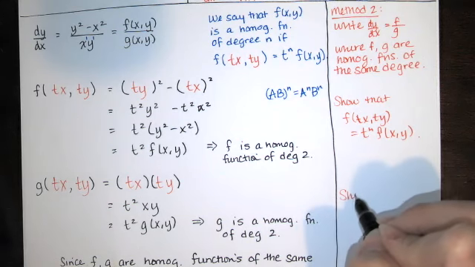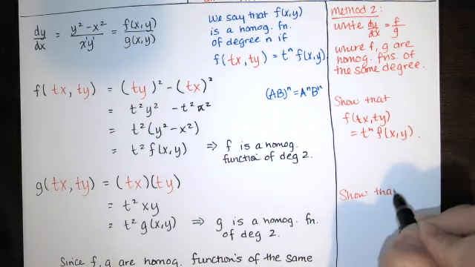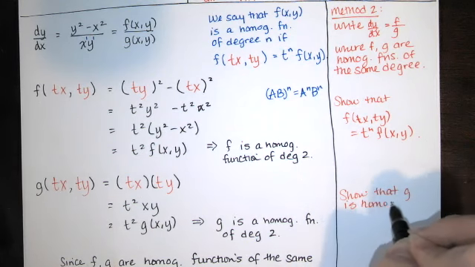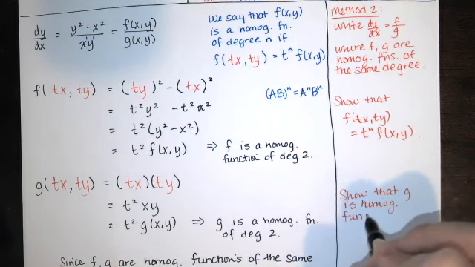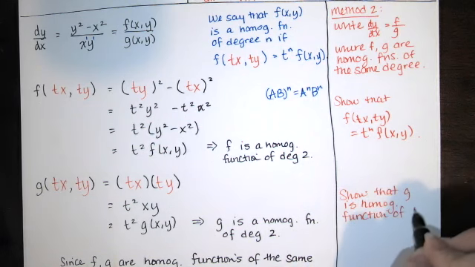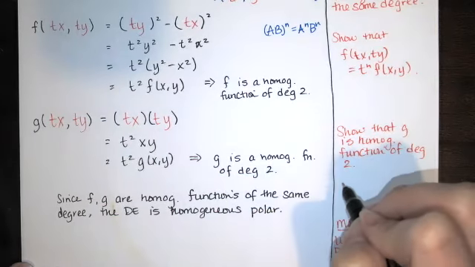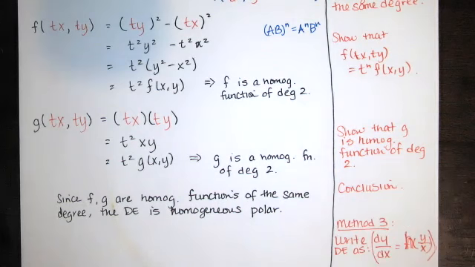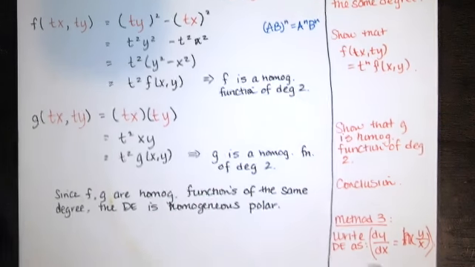And then we showed the same for g. So we showed that g is a homogeneous function of degree 2 as well. And then we had our conclusion here. But since they were homogeneous functions of the same degree, the differential equation was homogeneous polar.